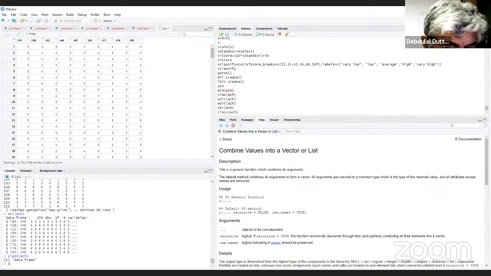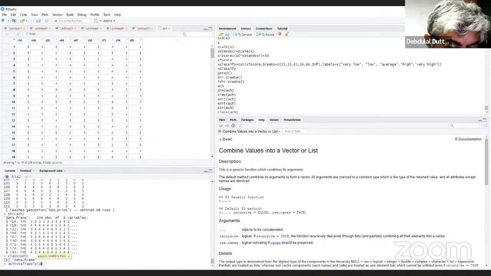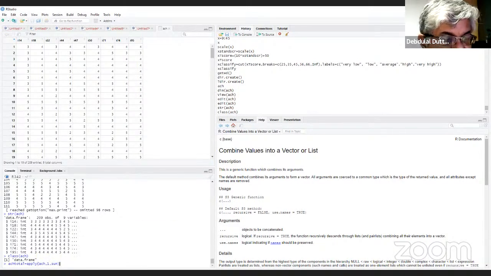I can create one vector, H total equal to apply, then bracket H, comma 1, comma sum. So 1 indicates row, 2 indicates column.